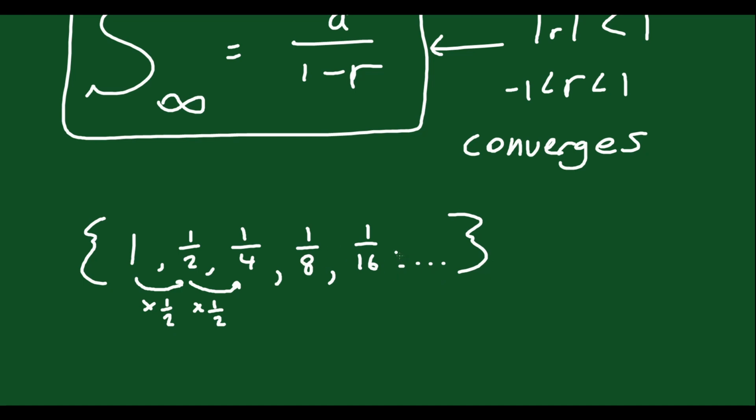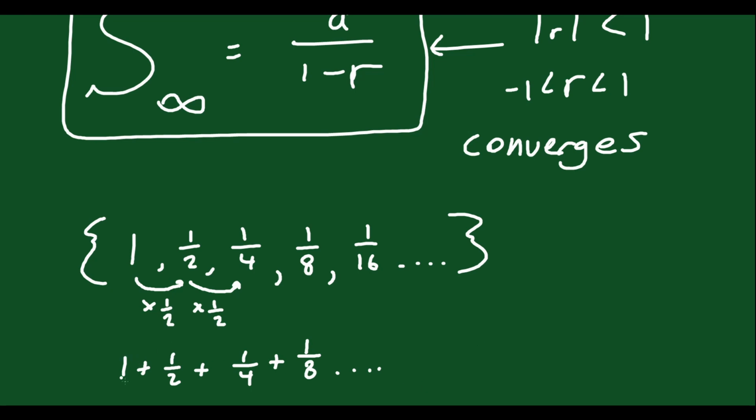Can you take a guess at what these numbers all add to if you were to add them up? Well, it seems like if you did 1 plus a half plus a quarter plus an eighth, and that just kept going, you would think it goes to infinity. But actually, because these numbers get smaller and smaller, it's not going to infinity, it's going to converge at a particular number.